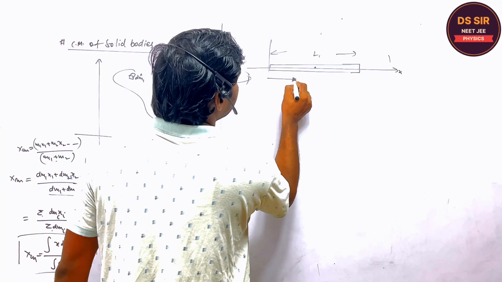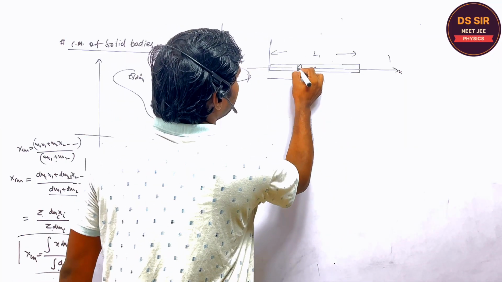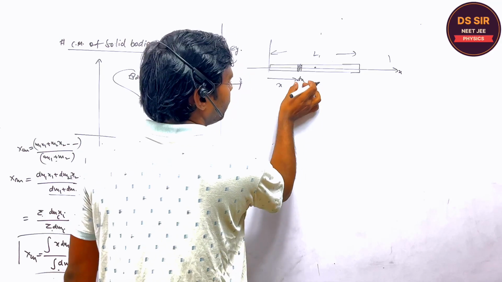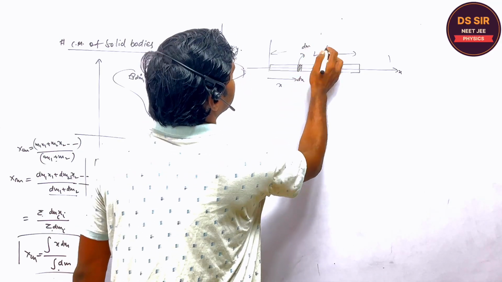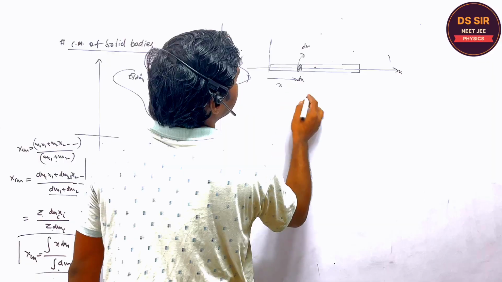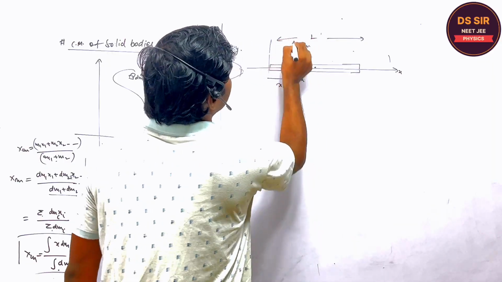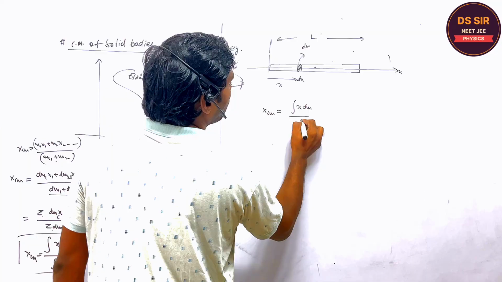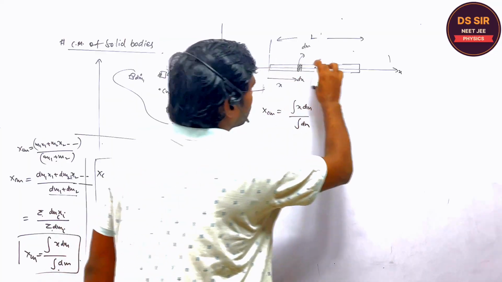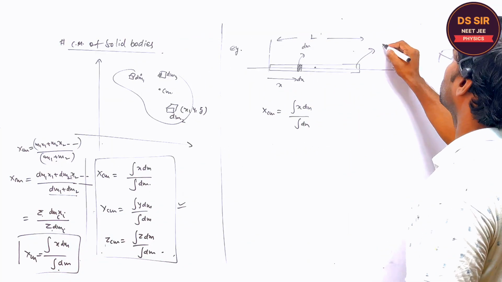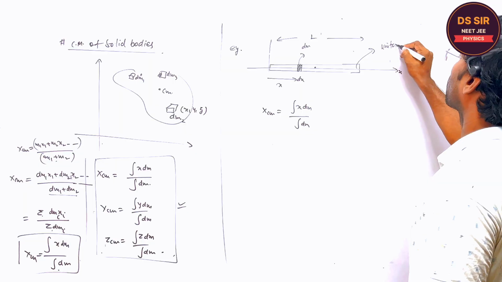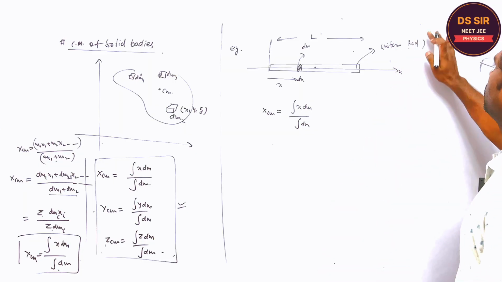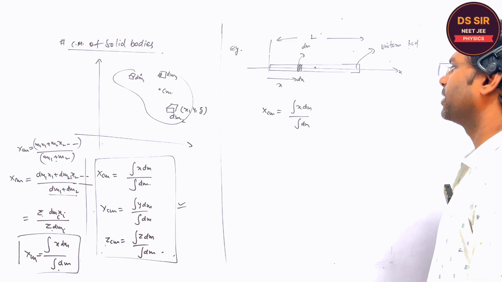You take a small element at distance x, its width is dx, and the mass is dm. The total length is L. So x_cm, I can write, is integration of x dm upon integration of dm. This is a uniform rod of mass m and length L.